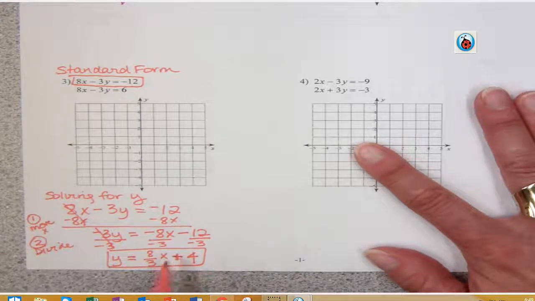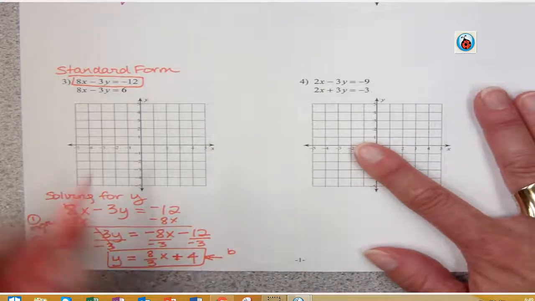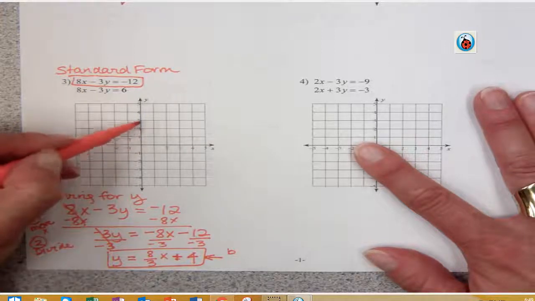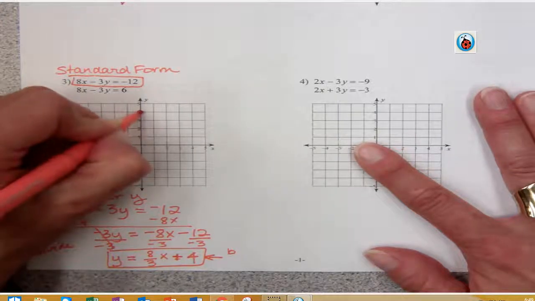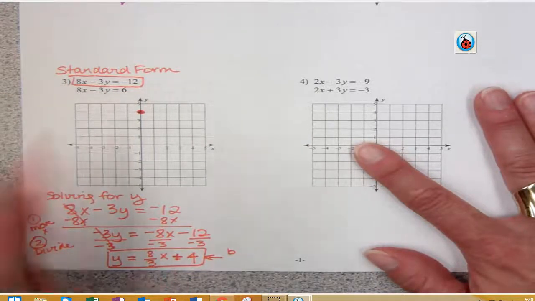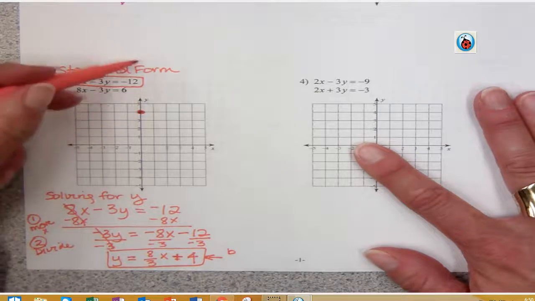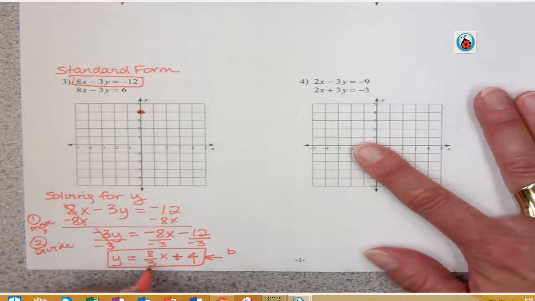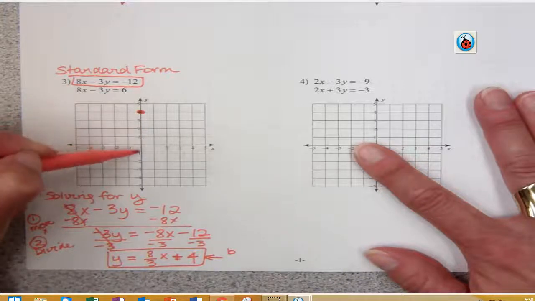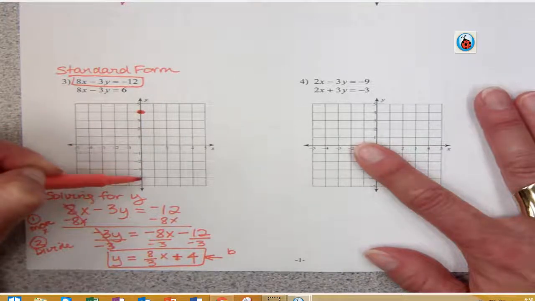This is my b, so I'm going to go to 0, positive 4. 0 is my x, and 1, 2, 3, 4 is my y on the y-axis. Now I have a slope of 8 over 3. I can go down 8, since a negative over a negative is a positive. 1, 2, 3, 4, 5, 6, 7, 8.